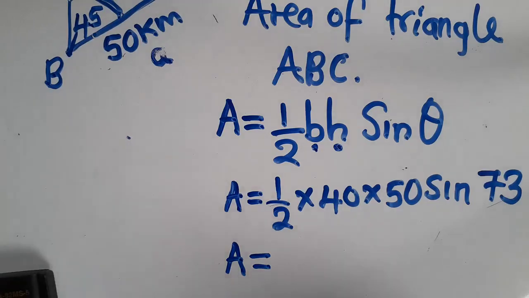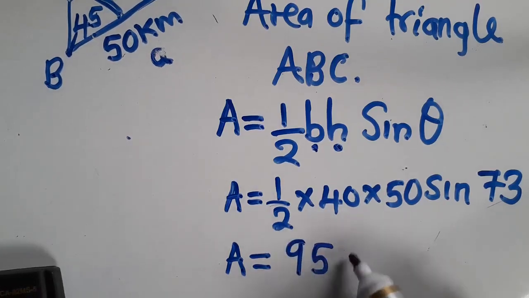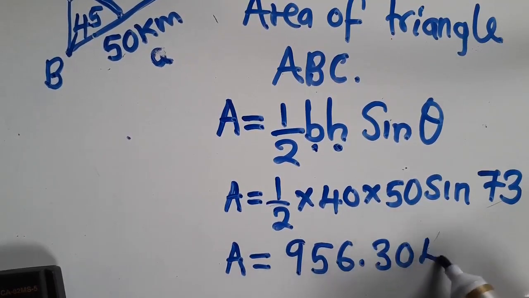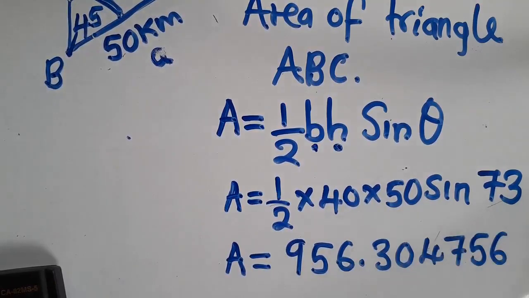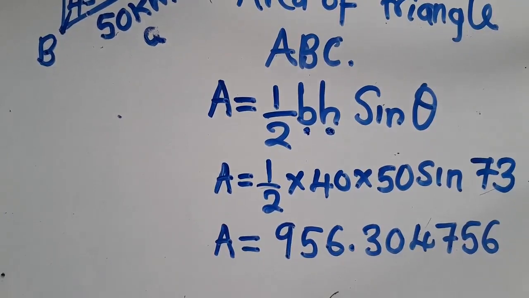The answer is 956.304756. We normally put our answers to 2 decimal places. If you are not told, make sure that you put your answers to 2 decimal places.